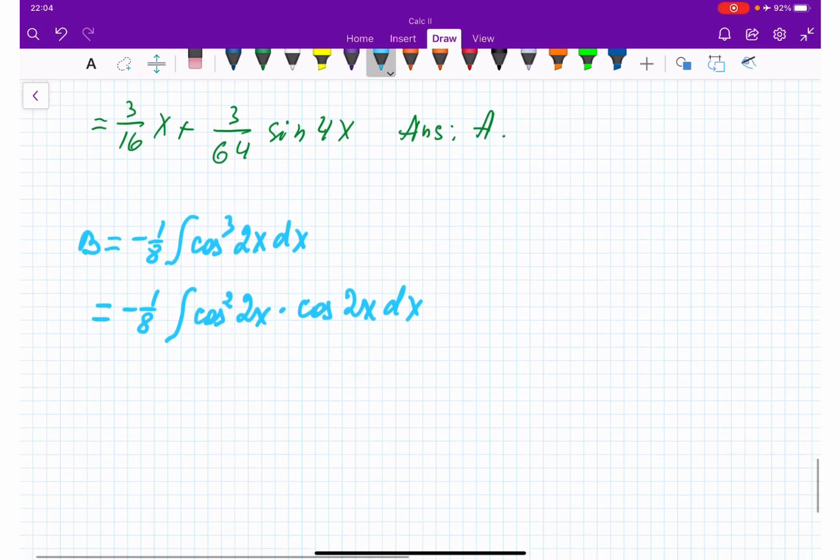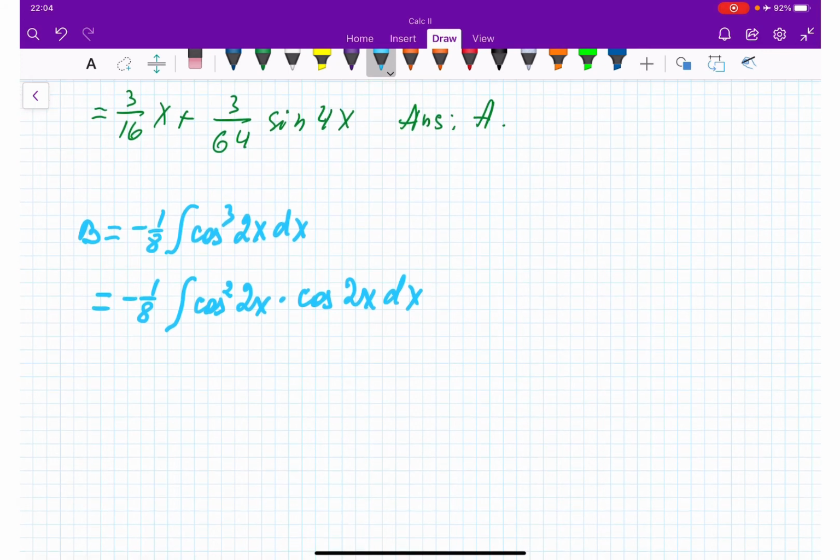All right, so cosine squared 2x, I'm going to open up negative 1/8. It's going to be integral 1 minus sine squared 2x.